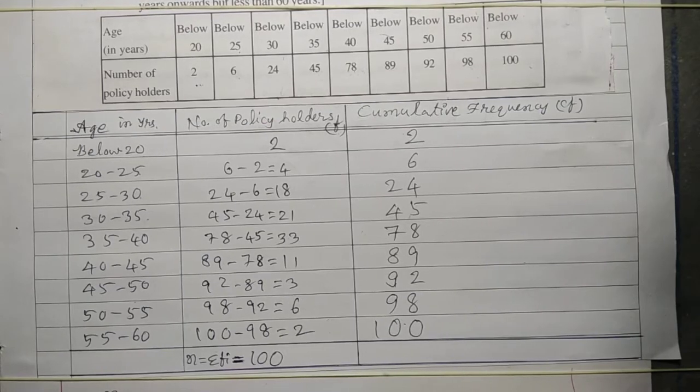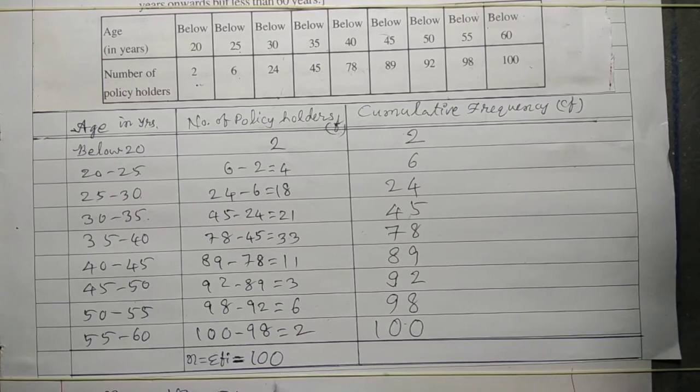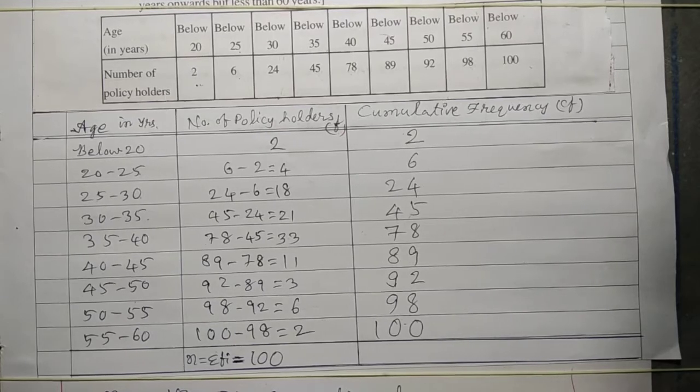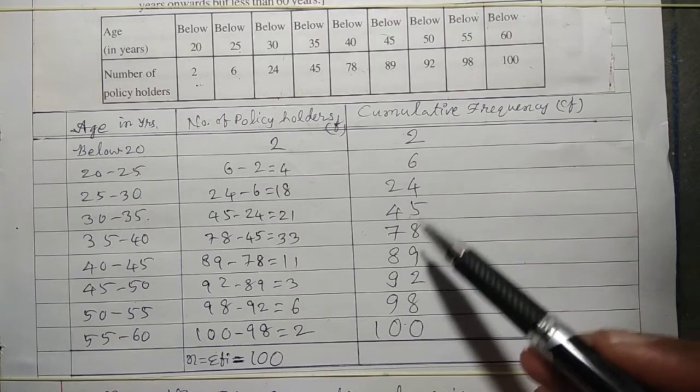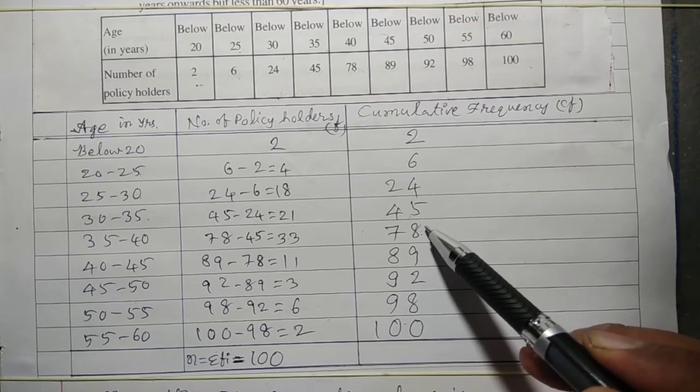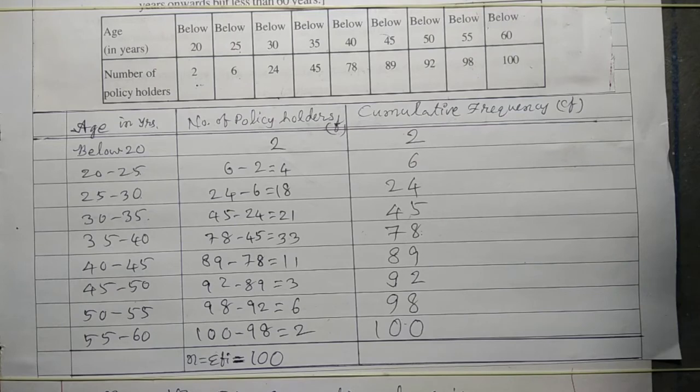So n by 2 is equal to 100 by 2 is equal to 50. So the median class is where 50 falls. 50 lies between 45 and below 78, so we have to identify it clearly.